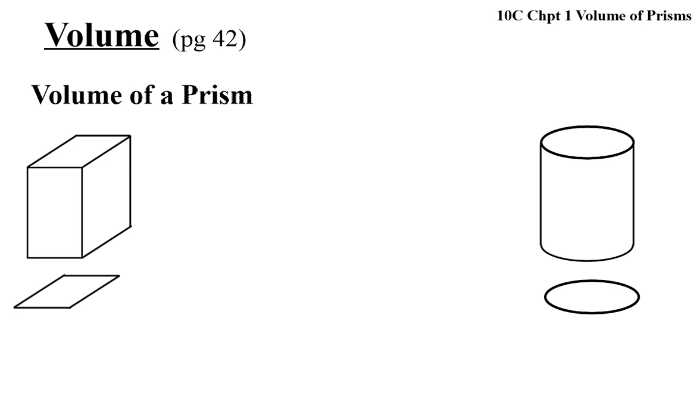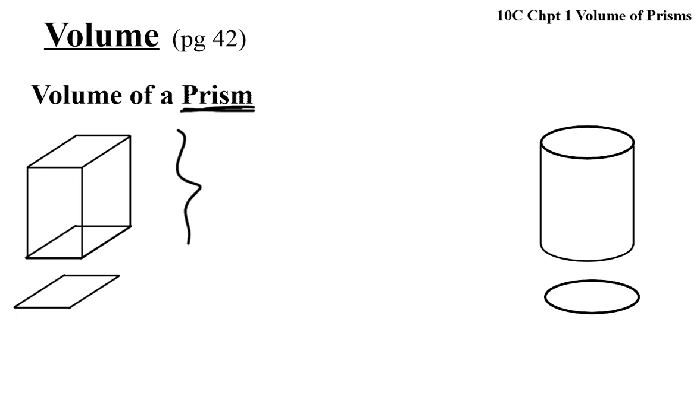I want to show you where volume comes from, because there are two formulas, and we're going to focus first on a prism, but we're also going to deal with pyramids in this lesson. They are very similar, but just different enough that if you miss the little difference, it's going to cause problems and you'll get a wrong answer. But where does volume come from? How do we create a three-dimensional object? I like to think of a three-dimensional object as being the base shape.